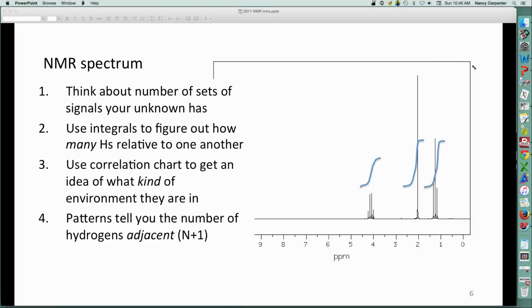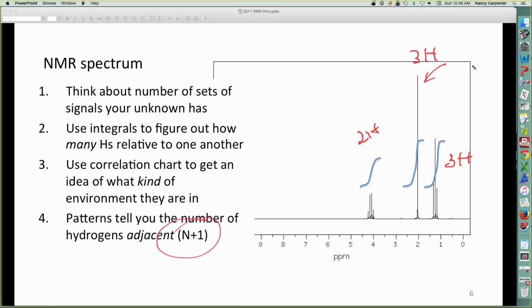And then finally, the patterns are really helpful because they tell you how many hydrogens are next door. So if this is a 3 hydrogen signal, and this is a 2 hydrogen signal, and this is a 3 hydrogen signal, you can see that this is just one single peak. That's called a singlet.